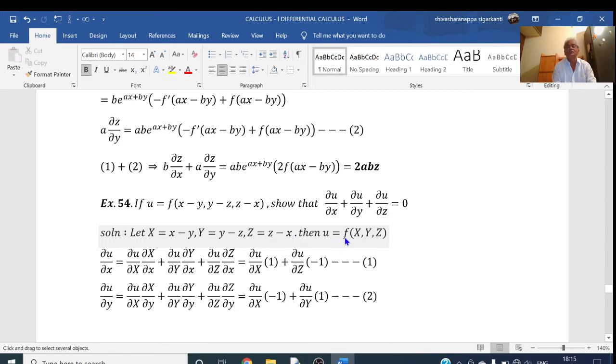This becomes u as a function of capital U, capital V, capital W. So instead of x, y, z, you can write capital U, capital V, and capital W. Otherwise, no problem.